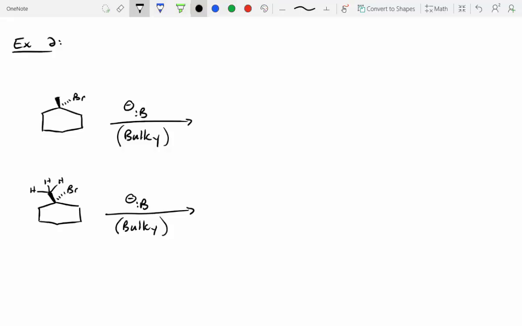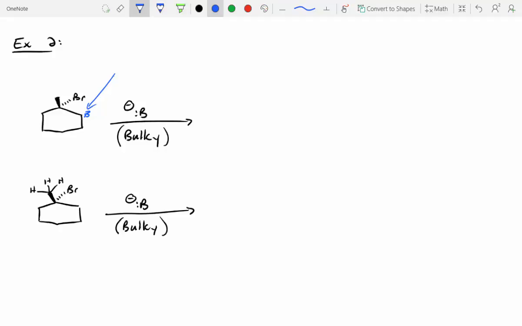So I'll give you guys a minute to work on this. And then once you think you got it, check with your neighbor too. The other thing I want you to pay attention to is, we know that this is our beta position, right? The proton that you're taking from that beta position, I want you to determine whether that should be a dash or a wedge.